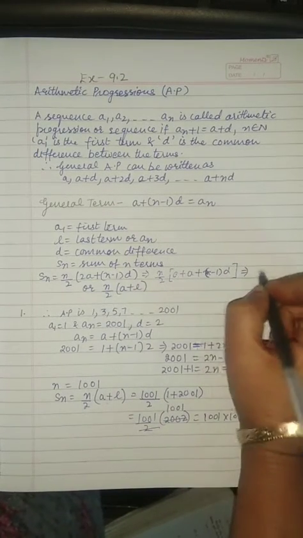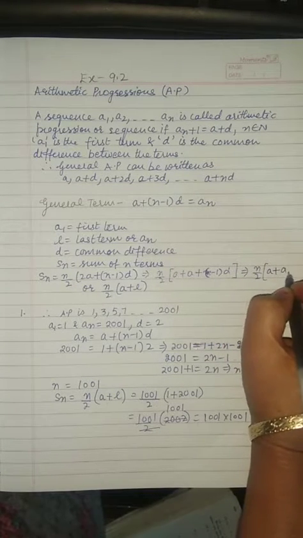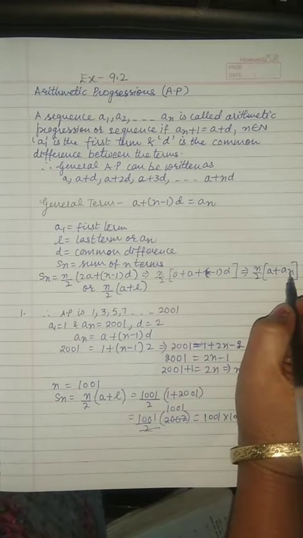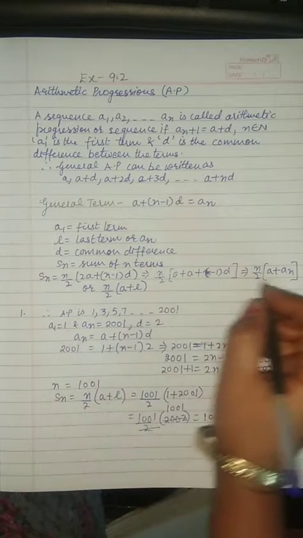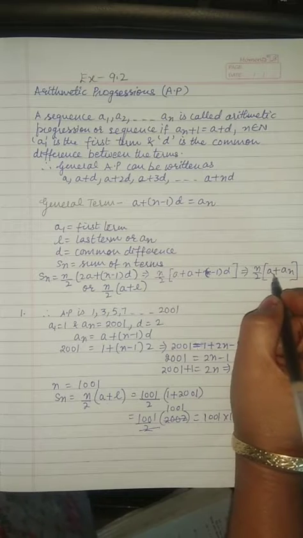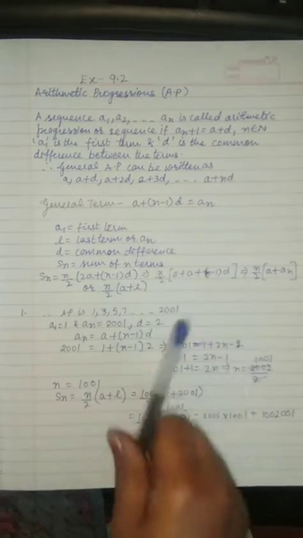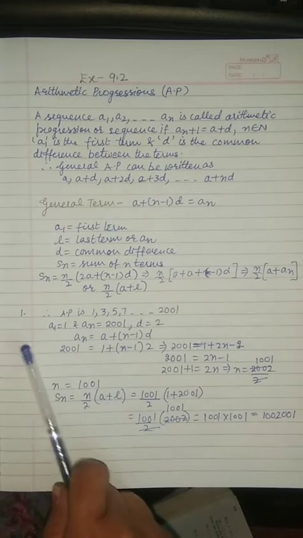So it will become n by 2 into (a plus an). The nth term, that is the last term an, is also written as l. So this formula can be written as n by 2 (a plus l). So this is the sum of n terms of an AP.